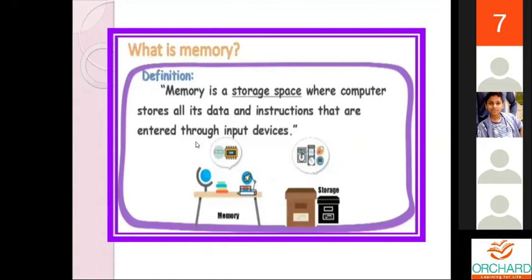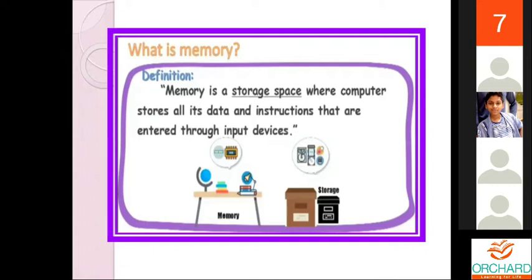Yes, what is memory? Memory is a storage space where a computer stores all its data and instructions that are entered through the input devices. See, it is just like our human memory. So the computer memory consists of many storage locations that have unique addresses.